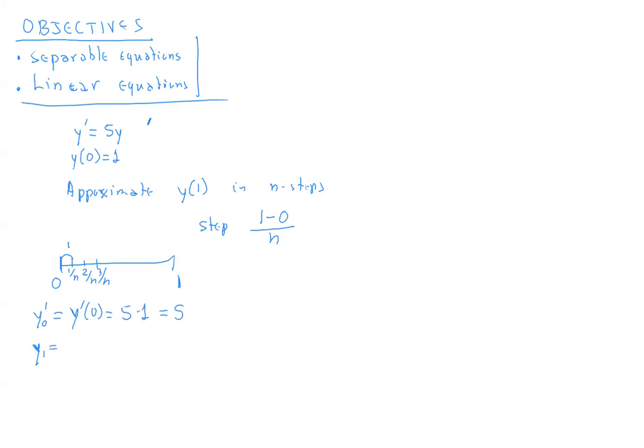Y of 1 is going to be y of 0 plus y0 prime times the step.